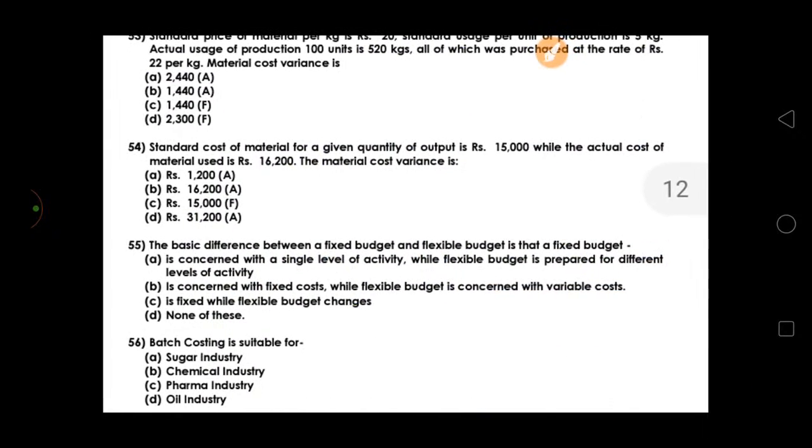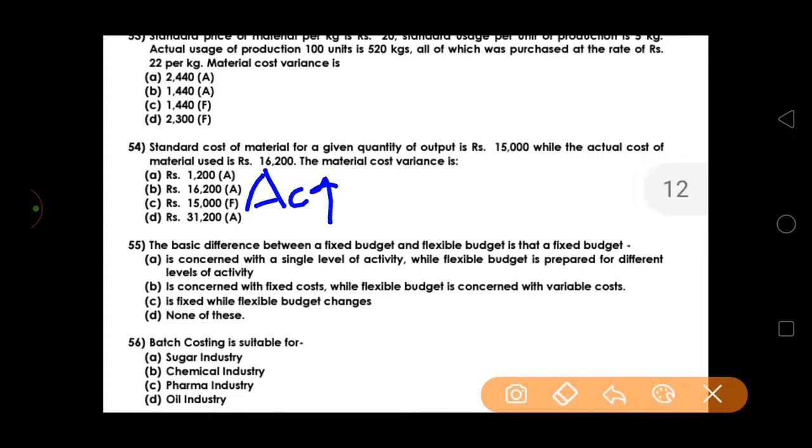So next, standard cost of material for given quantity of output is 15,000, while actual cost of material used is 16,200. Material cost variance equals actual cost minus standard cost.